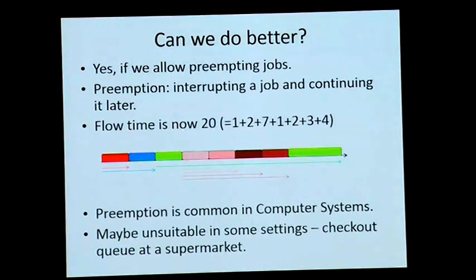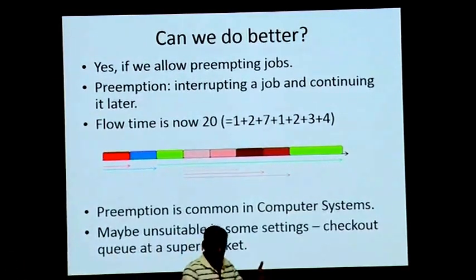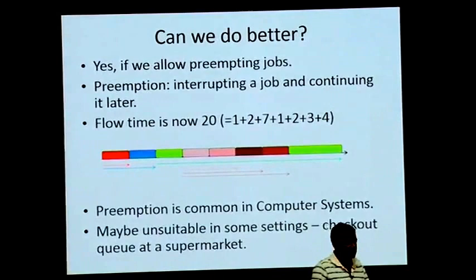Of course, it is incorrect, impolite to do it, but this is not true for a computer system. In a computer system, I can always stop a large job and let smaller jobs get ahead, right?